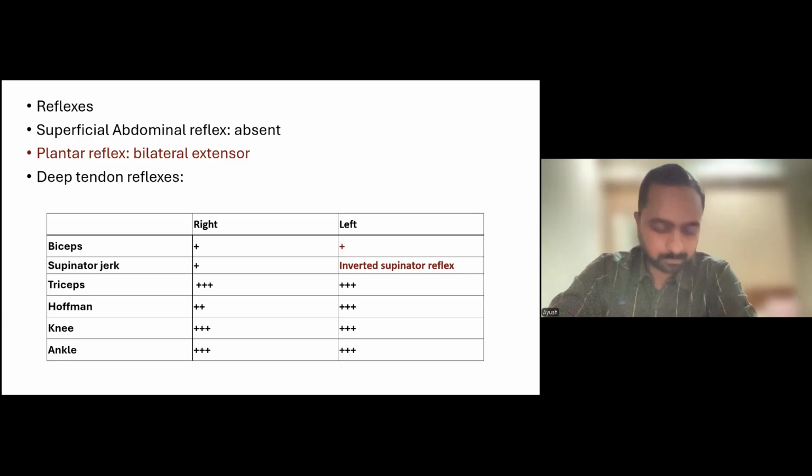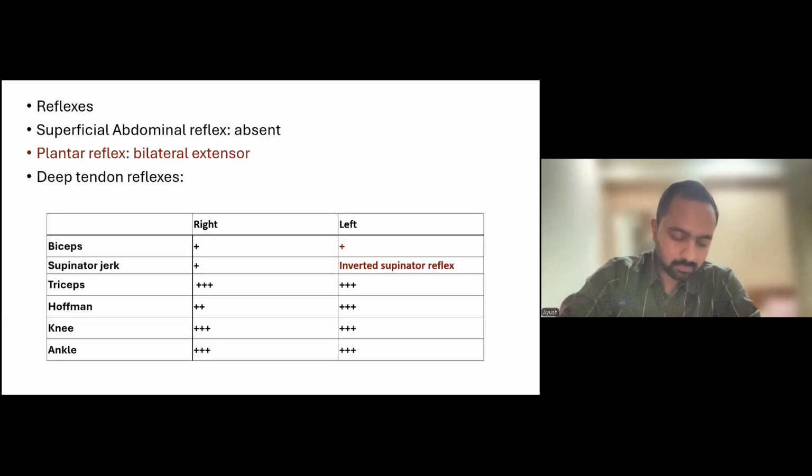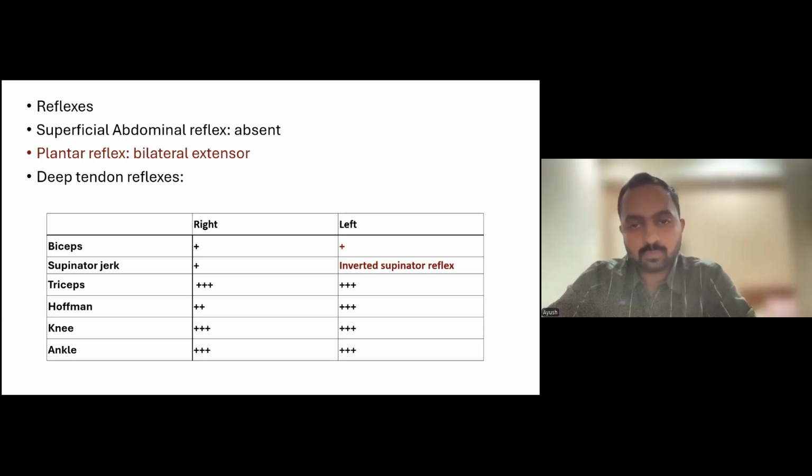Okay. Yes, Santosh sir, you would like to ask something? Basically, the history doesn't suggest intramedullary involvement at all. It's very asymmetric, and the power loss is also essentially on the left side. So it seems more like an intradural extramedullary tumor from the findings and the history, isn't it?